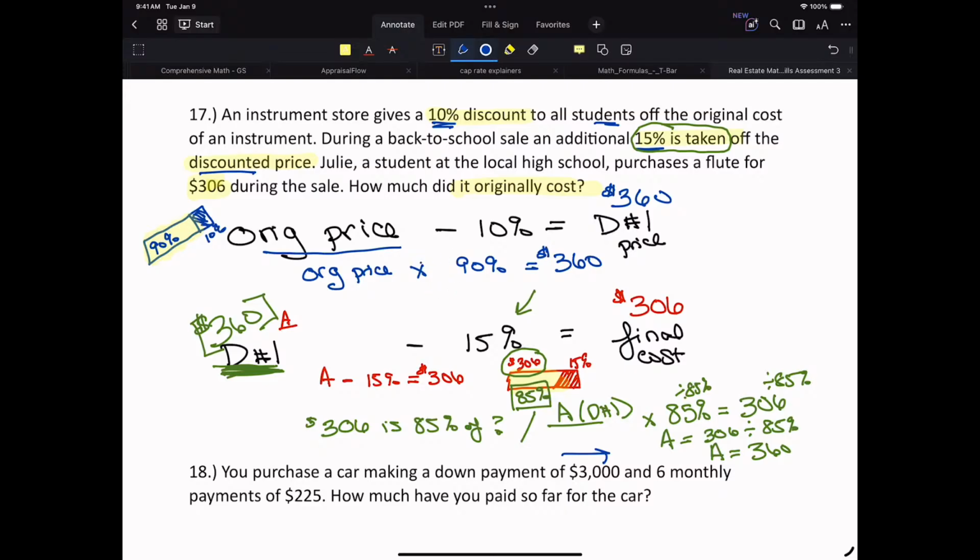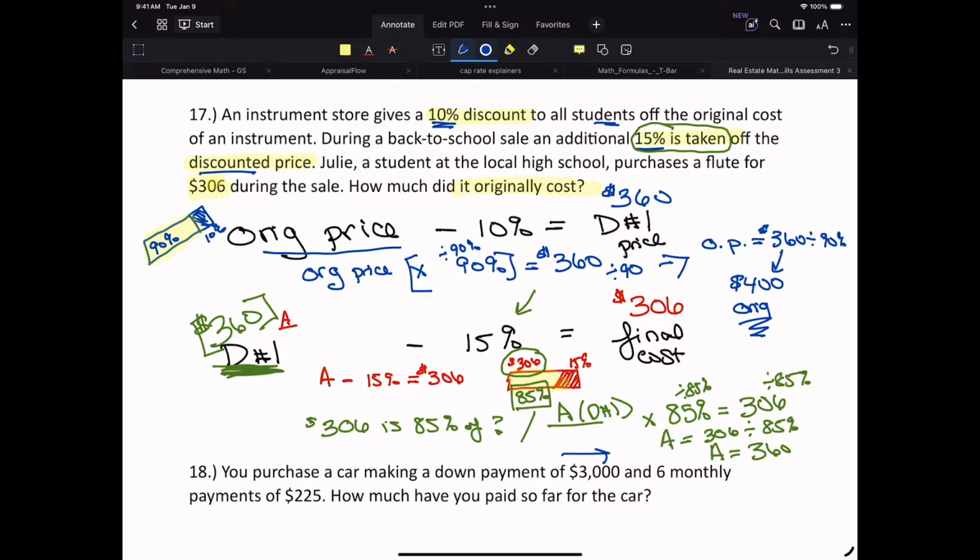Remember, opposites: divide by 90%. The original price is equal to 360 divided by 90%, and 360 divided by 90% is $400.